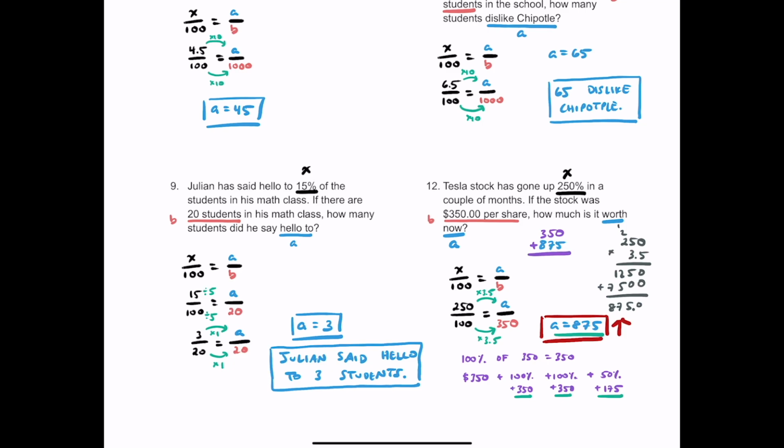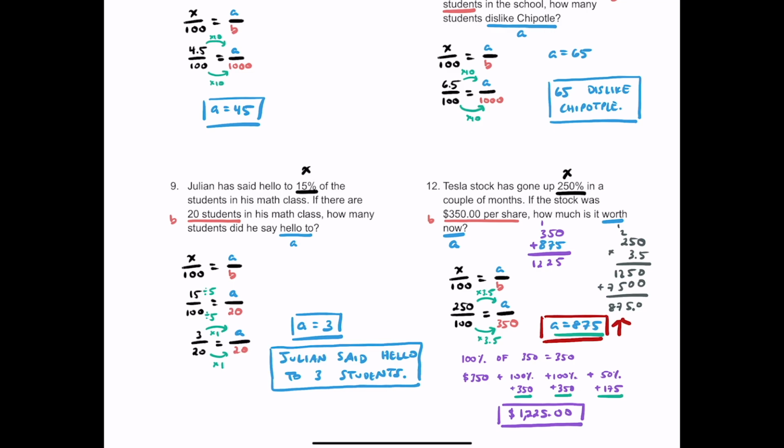And if you add those two values together, we get a 5, and then a 12, and then a 1, 2. So I think here we have a final answer of $1,225.